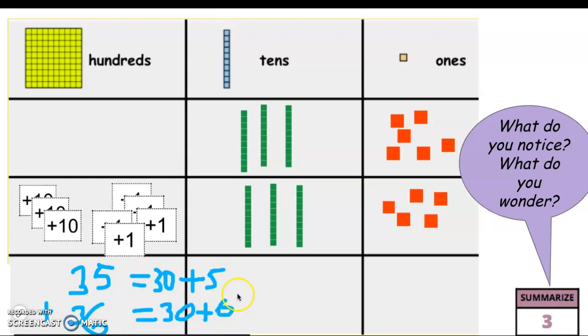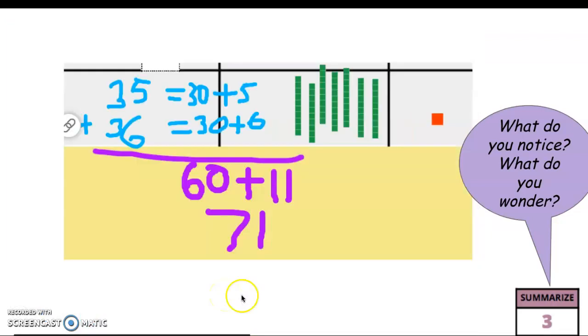Now what do I do with this? I put the tens and the ones together. The tens, 30 and 30, that gives me 60, and 5 plus 6, that gives me 11. But 11, I can write as a 10 and a 1, so I can add that 10 to the 60, and that's 70, and that 1 that's left over goes in, making 71.